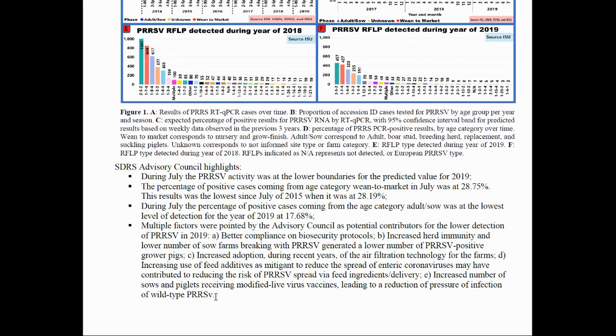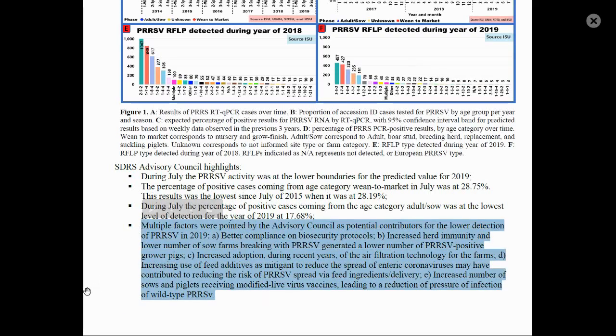And a high number of herds have been using the PRRS MLV vaccine, which has been pointed out as a potential contributor to reducing the pressure of wild type PRRS virus circulating in the field. So those are a large number of factors that have been pointed out.